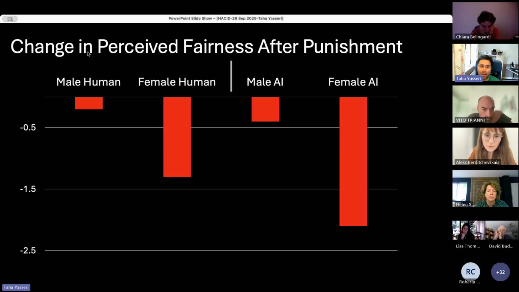Those participants who had a human male manager, even though they received the same decision, the same punishment, their perception did not change much. They still think that the manager is fair, even though the outcome is the same. The same decision coming from female human or female AI felt very unfair.